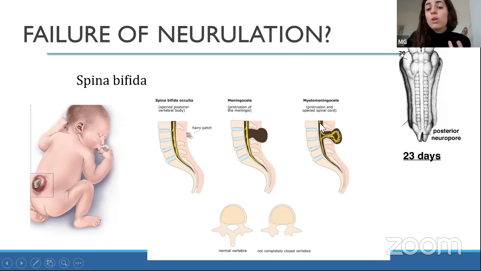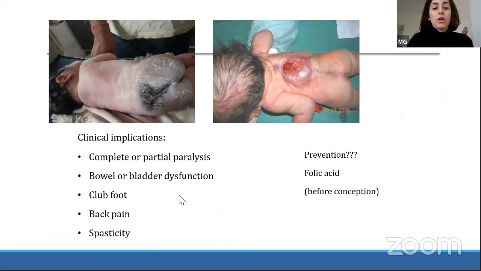And if the whole spinal cord is protruding, that can be a very bad problem for the fetus, which can lead to complete or partial paralysis, bowel and bladder dysfunction, clubfoot, back pain, spasticity.